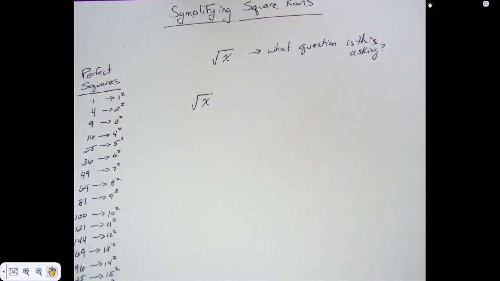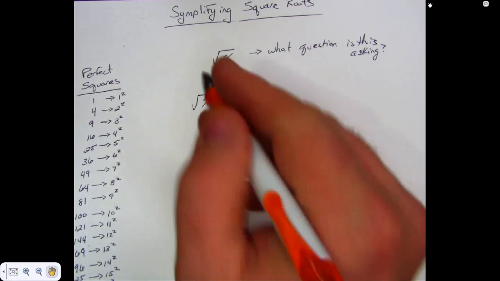But multiplication is an operation. If I say 3 times 2, I'm saying I have 3 sets of 2. How many do I have? A total of 6. Everyone agree? This is an operation just like that. It's asking you to do something.